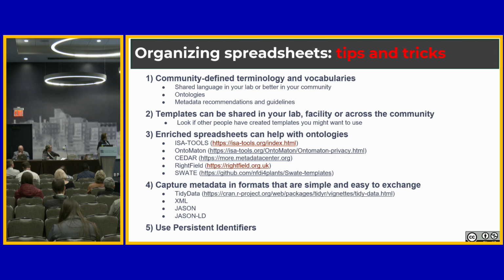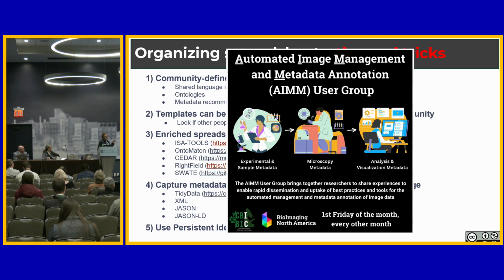One thing that I want to bring to your attention is that one of the organizations that I'm also part of is Bioimaging North America. There is a group that we have started that meets every 2 months, called the Automated Image Management and Metadata Annotation User Group. It's a user group, so the idea is that we meet every 2 months to share different experiences that people have and tools that people have developed.